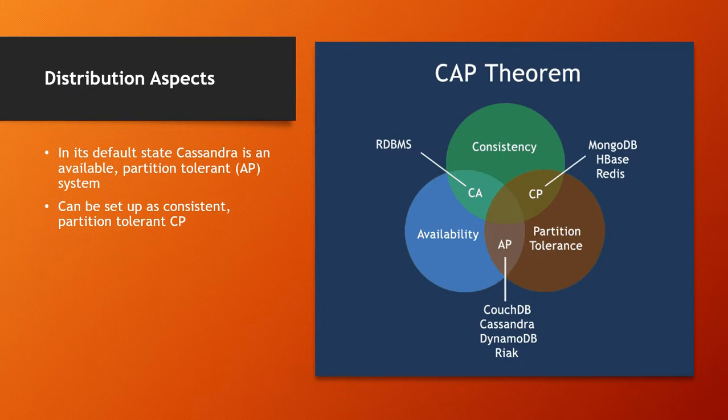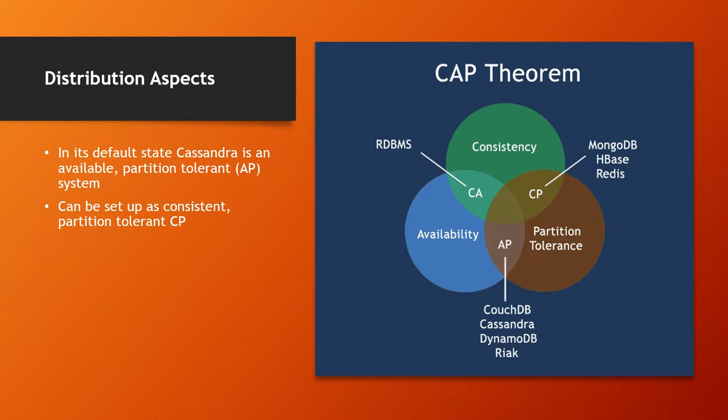About the distribution aspects of Apache Cassandra, we have the CAP theorem. It states that any NoSQL database management system can have at most two of the three properties of consistency, availability, and partition tolerance. In its natural case, Cassandra is an AP, an available and partition tolerant DBMS.